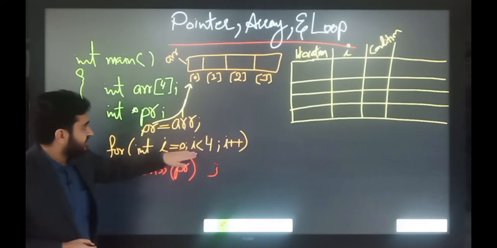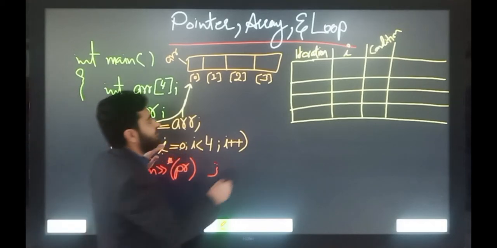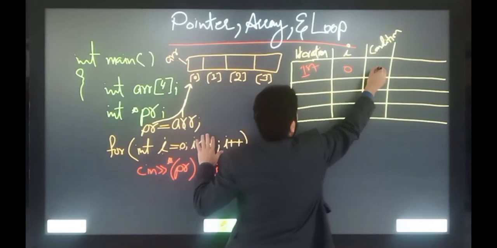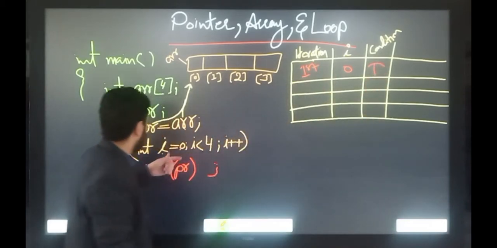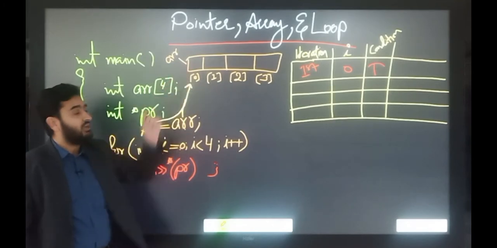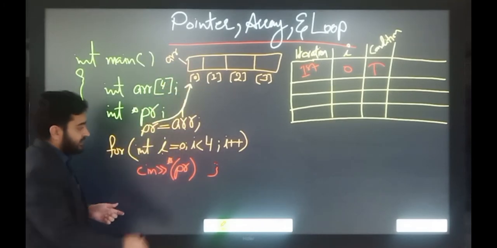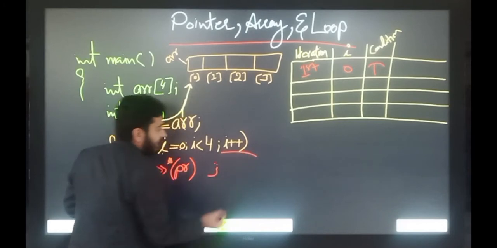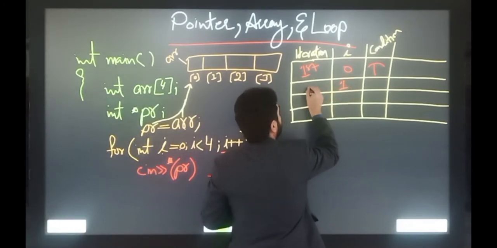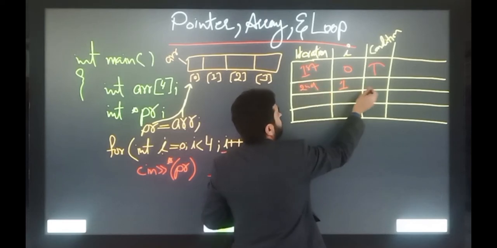Okay, so in the first iteration where i will be equal to 0, okay, and the condition will become true. Of course the condition will become true. So in the first iteration the user will input a value on the first slot. Then the execution will come to the update statement and i will become 1. This is the second iteration, okay?